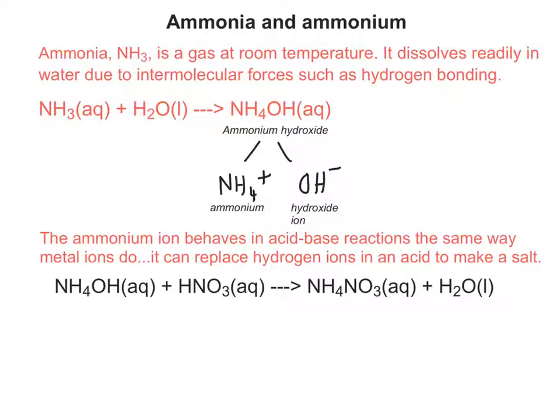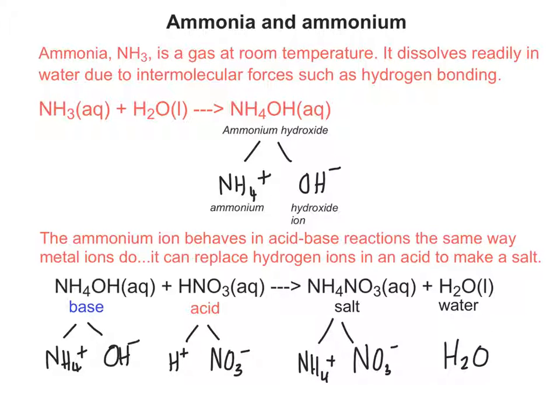So you can see that in this example of ammonium hydroxide reacting with nitric acid to make ammonium nitrate and water. And you can see that this is also a neutralisation reaction. Let's split the ionic compounds in aqueous solution up into their constituent ions and get an ionic equation.